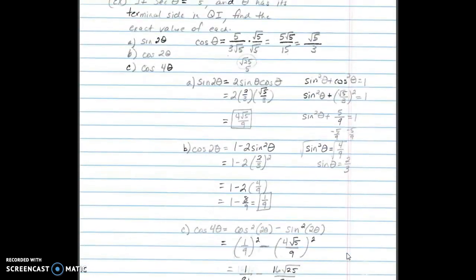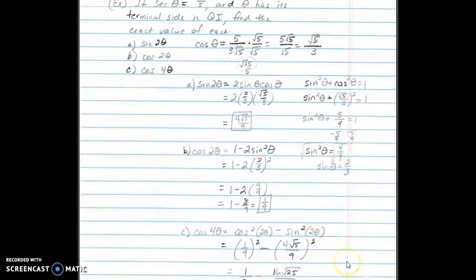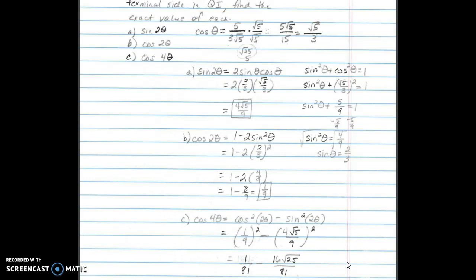So you will see that the cosine of 2 theta was 1/9. So we're going to put that there and then square it because that's what it is in the formula. The sine of 2 theta is 4 radical 5 over 9. So we put that there, but then we have to square it. And then it's just simple math. 1/9 squared is 1 over 81. 4 squared is 16.